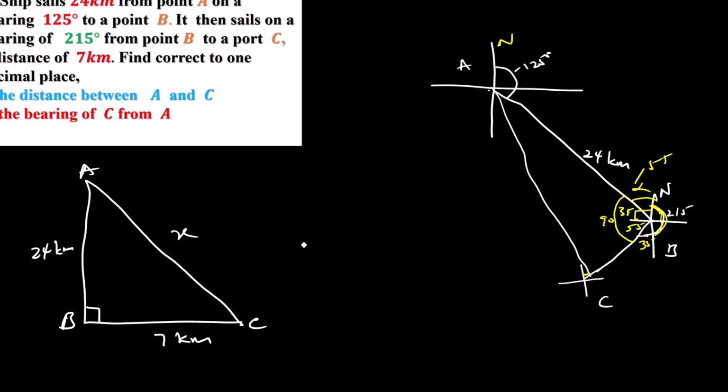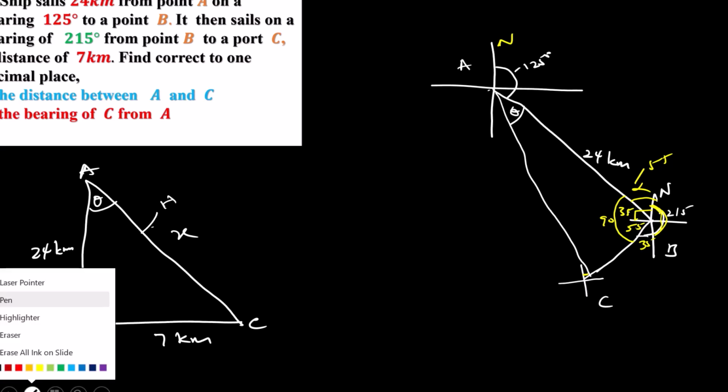Let's look at the question: the distance between A and C. So we have the longest side here. So this is the hypotenuse. Now we don't know this side, so let's call this side theta. That is A. So we can use this information to solve for the answers. Let's go ahead and do that.